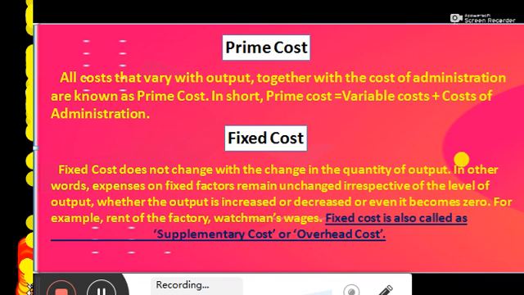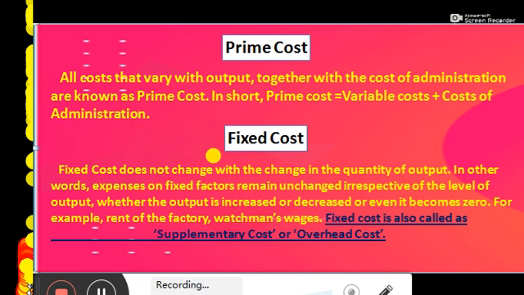That will not change with the change in output. Output increase ஆனா fixed cost increase ஆகும்னு சொல்ல முடியாது. ஓகேங்களா? In other words, expenses on fixed factors remain unchanged irrespective of all levels of output. So this is a peculiar characteristic of fixed cost.